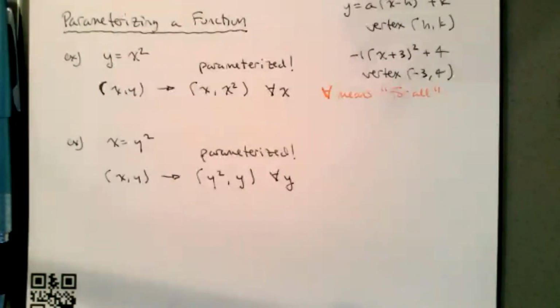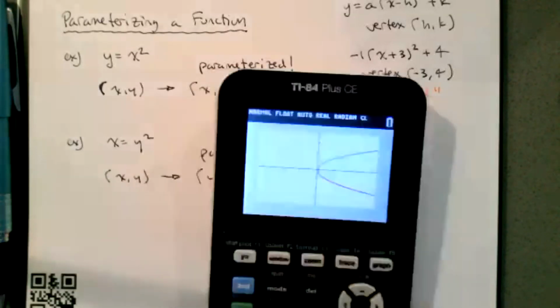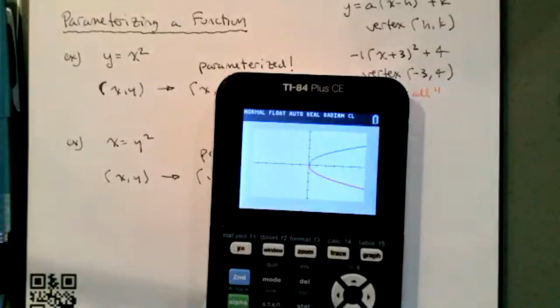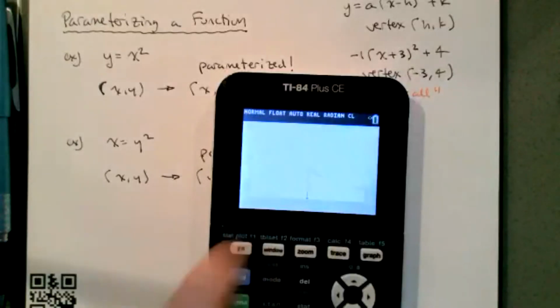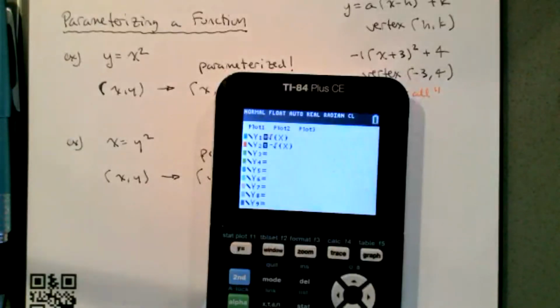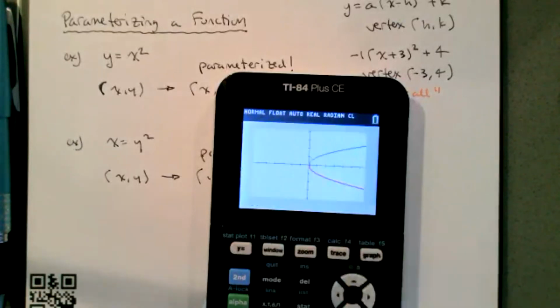So in the parameterized form, I want to draw this graph where y is a function of x. That's what we're limited by when we want to write y as a function of x. I need two functions to draw this one parabola. X equals y squared is a parabola, it's just sideways.